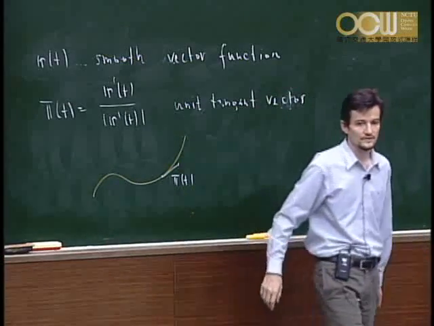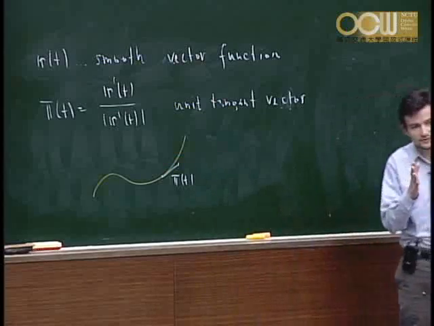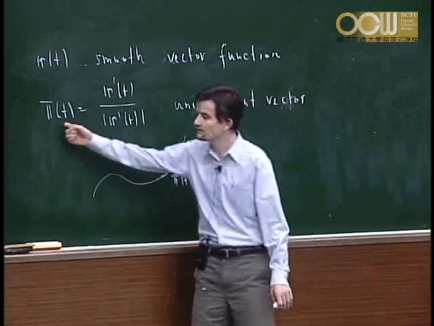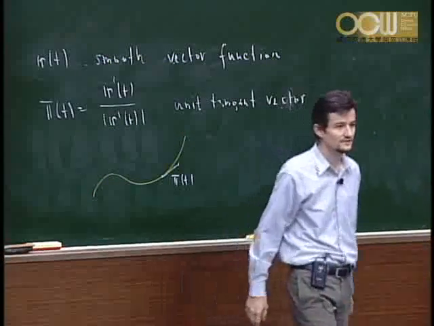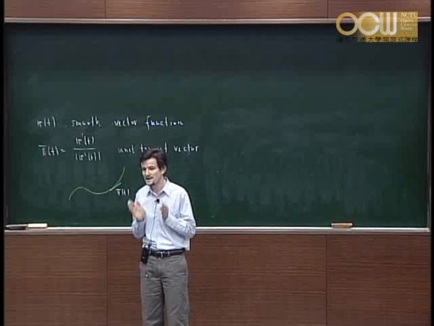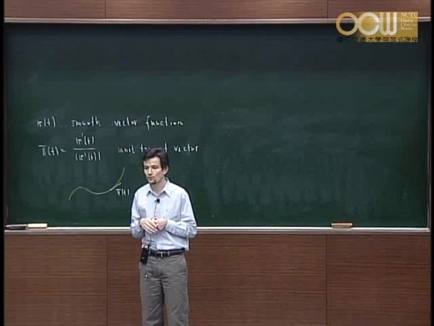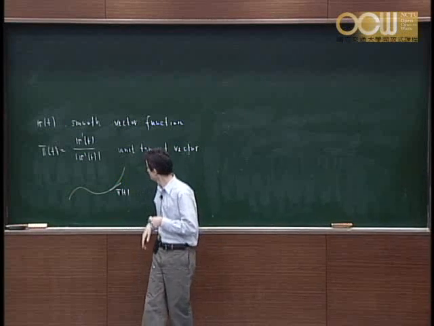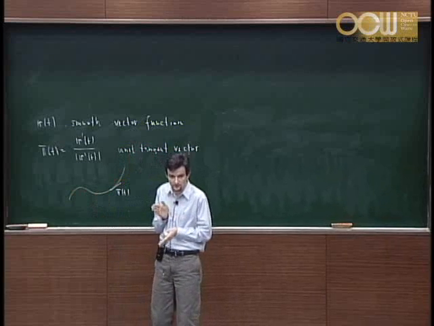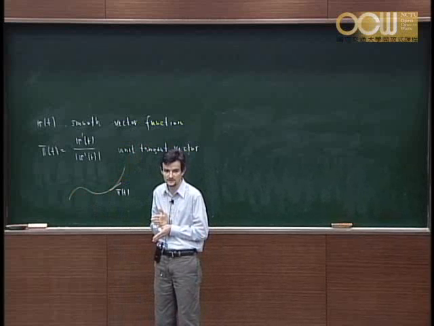So a measure for how curved the curve is at some point would be the derivative of the unit vector and the absolute value of it. But this kind of measure is not very good because it depends on the coordinate system. But the curvature should just depend on the properties of the curve, not on the parameterization.